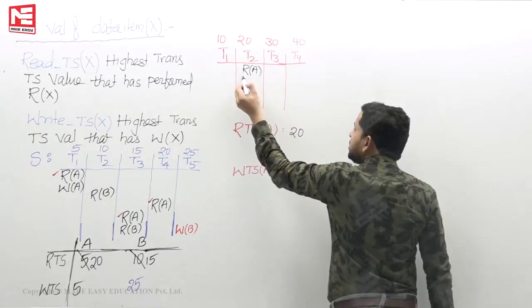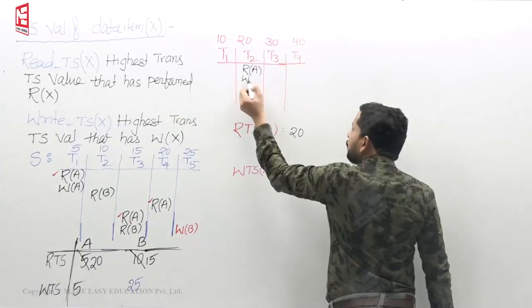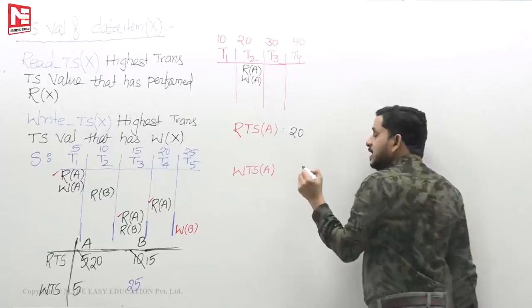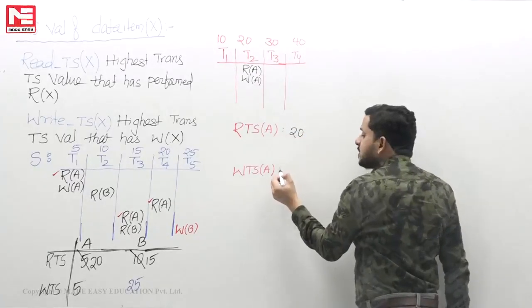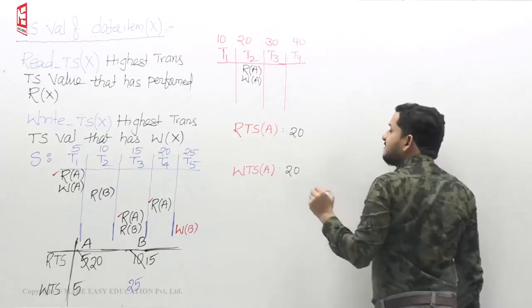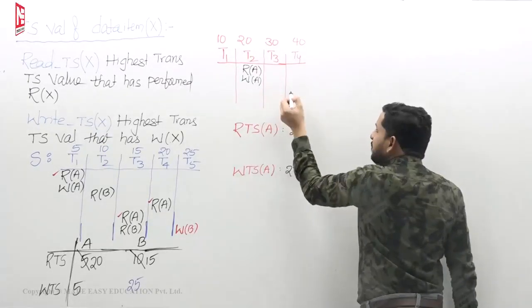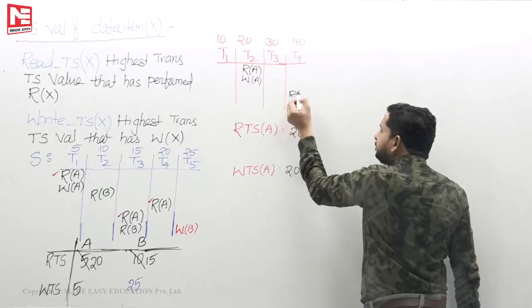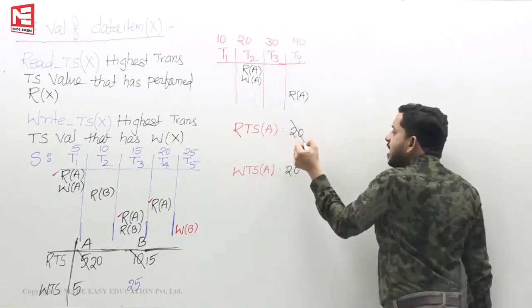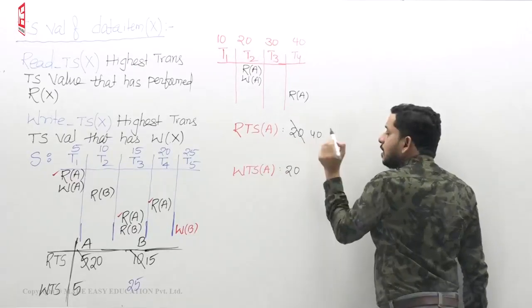Assume transaction T2 also writes A. Then the write timestamp value of A is also 20. Let's say transaction T4 reads A, then the read timestamp value of A becomes 40.